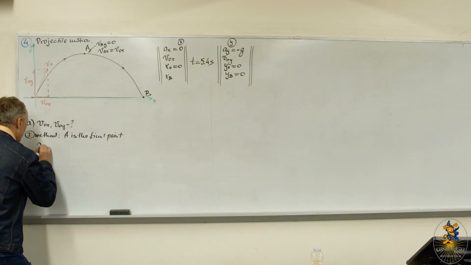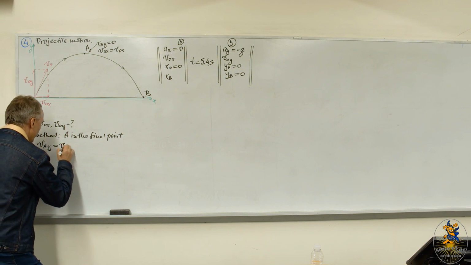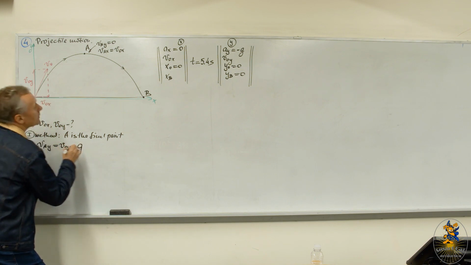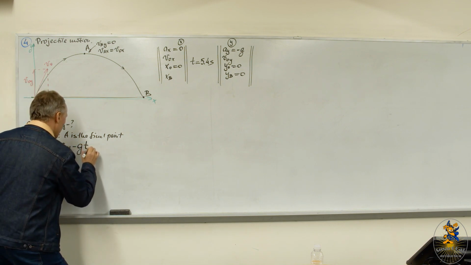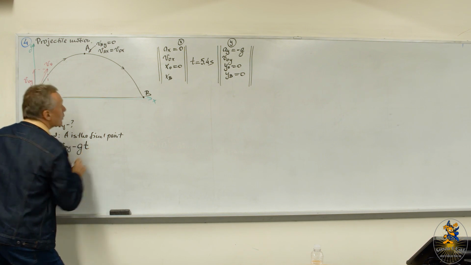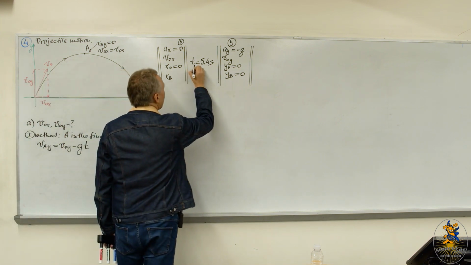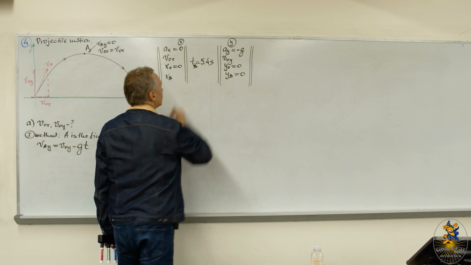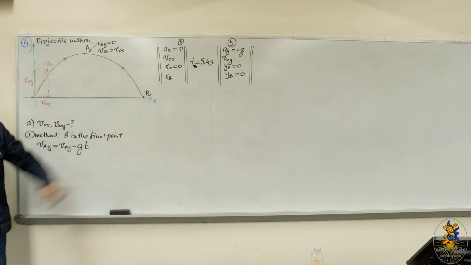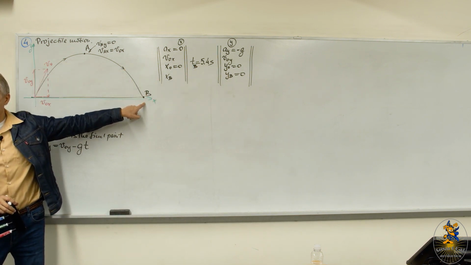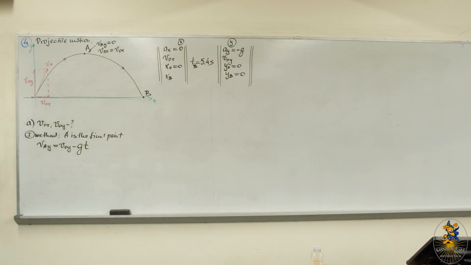Equation number 1. So v Ay equals v naught y minus gt. You know what? Let me label this time as B. It's the total travel time. You see point B? Because now I need to divide that by 2.